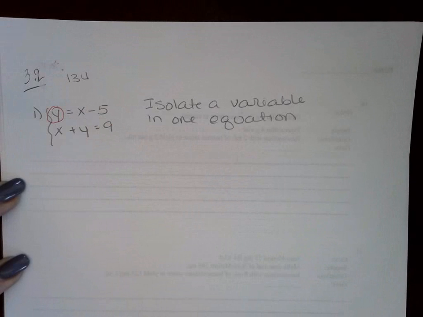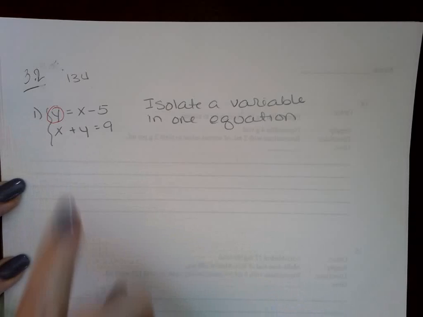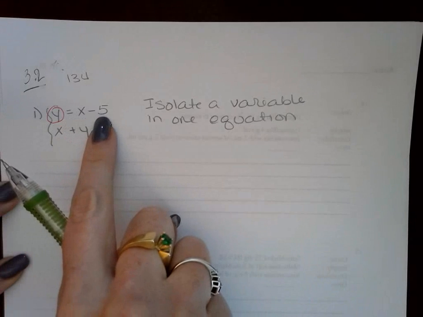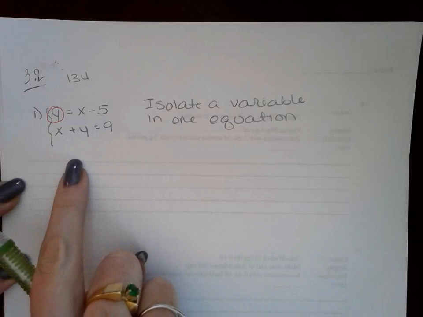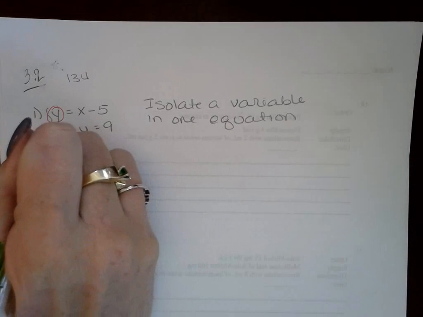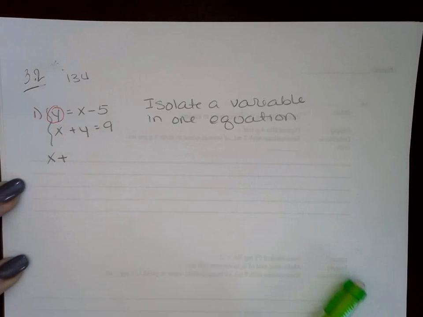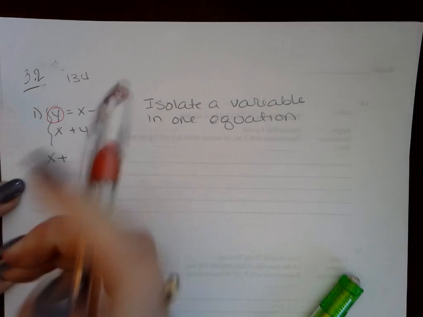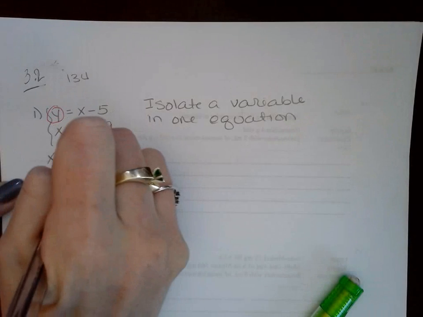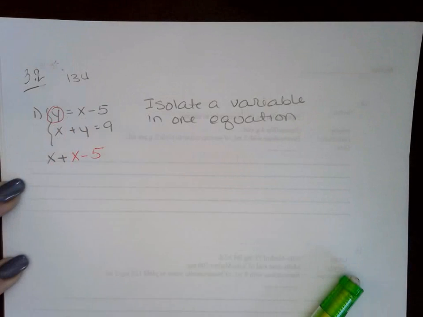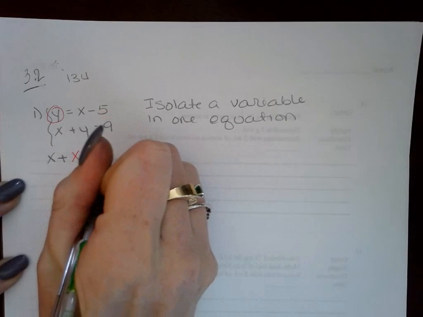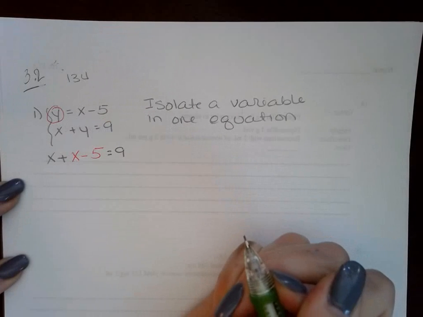Since this is isolated, we're going to substitute the information here into this equation wherever we see y. So we have x plus, instead of y, what we know for y, which is x minus 5, and then keep the rest of the equation as is, equals 9.